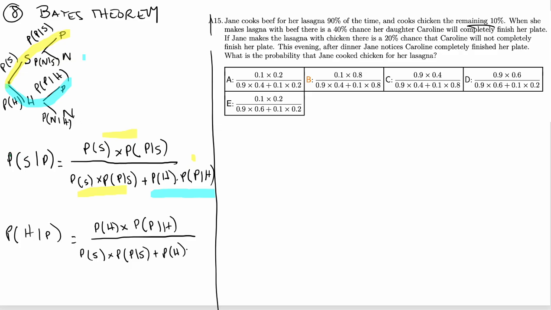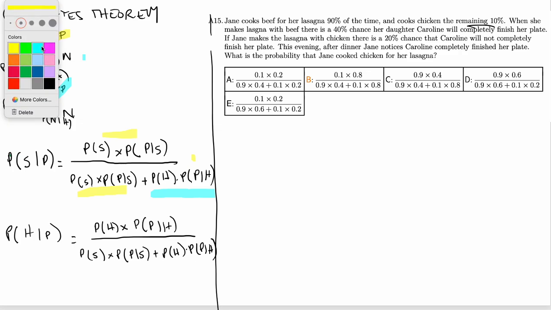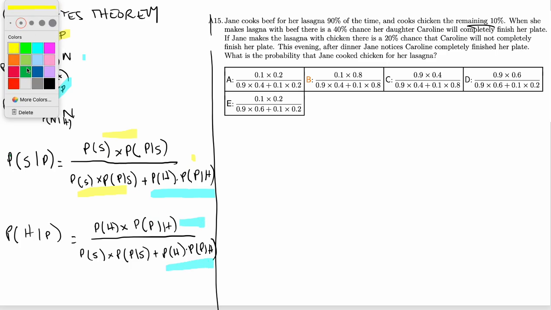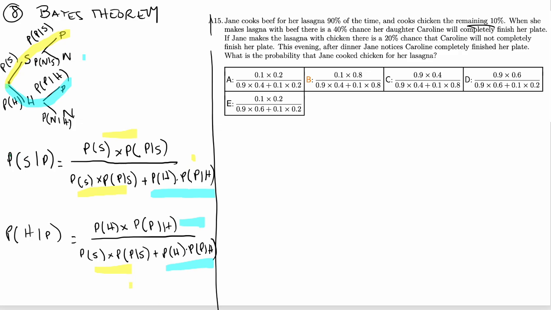So the denominator won't change. And you have to just do Bayes and figure out which branch is of your interest. Okay. So this is the Bayes formula.